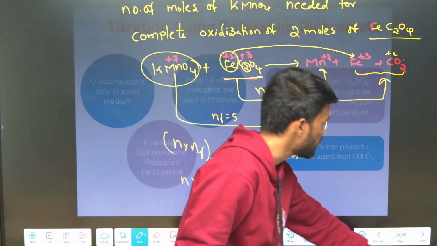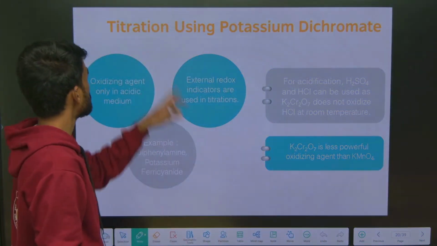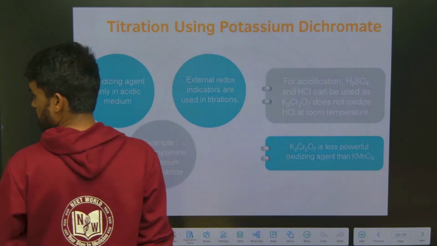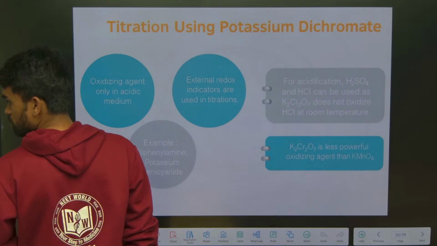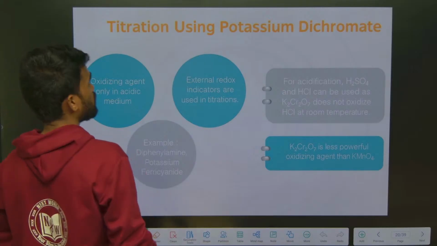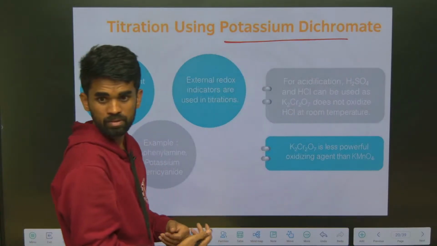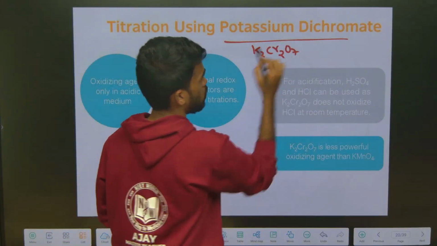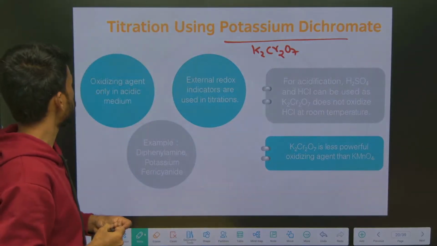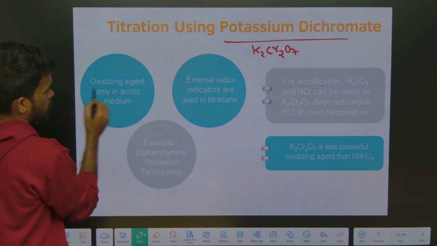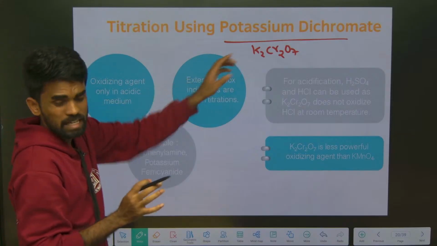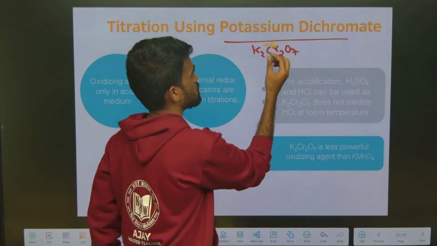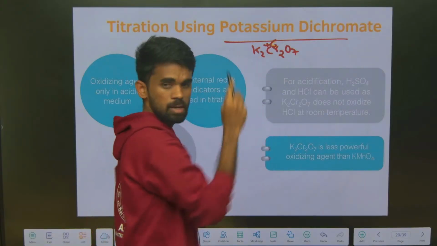Similar to these, we have one more titration method, that is titration using potassium dichromate. What is this potassium dichromate formula? Tell me. K2Cr2O7. Okay, so now see here it can act as an oxidizing agent, because chromium here is in +6 oxidation state. What is the oxidation state of chromium? +6.